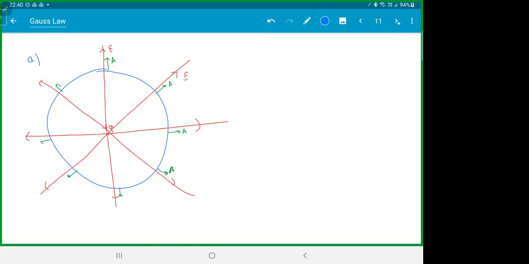Isn't it? So basically, E bar is parallel to dA bar at every point. Therefore, flux will be integral E dA cos 0. E is anyway constant, so integral dA.